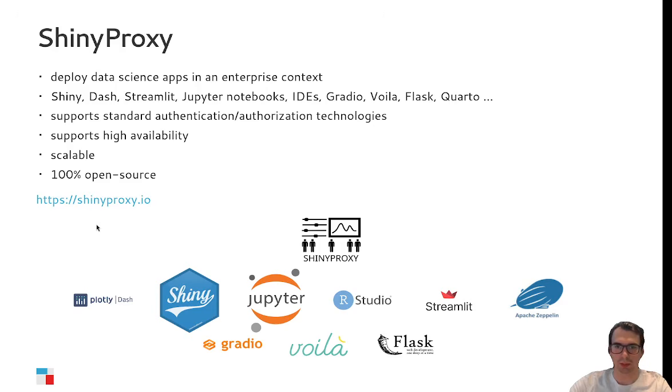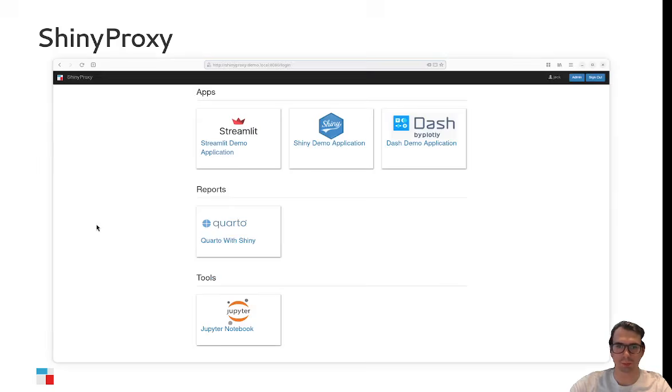ShinyProxy supports standard authentication and authorization technologies such as OpenID. It also supports high availability and scaling, and it's 100% open source. So you can view the code on GitHub or browse all documentation on shinyproxy.io. On the bottom of the slide you can see some of the logos of the tools I mentioned.